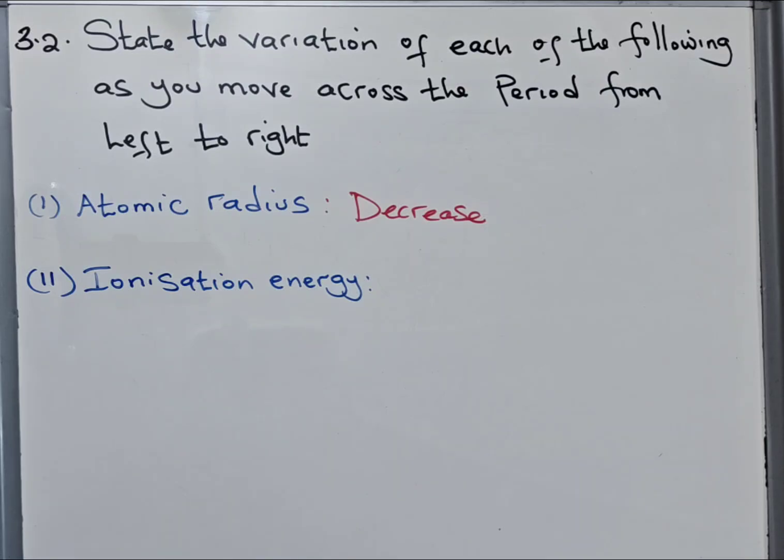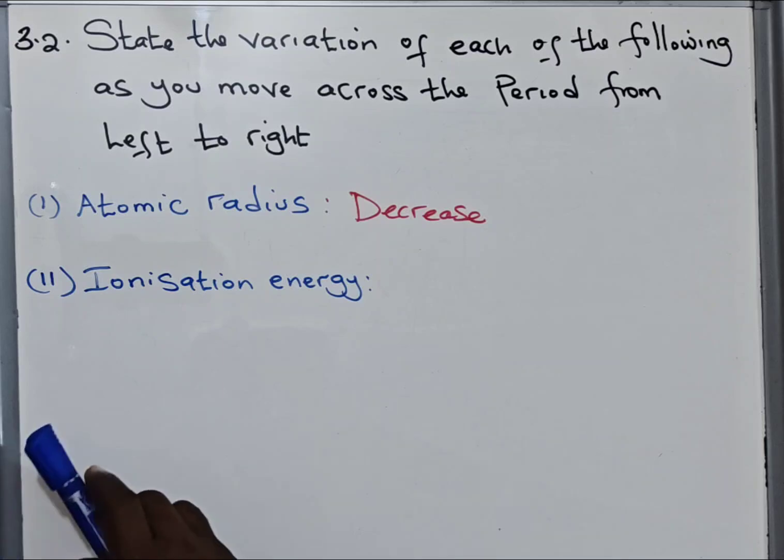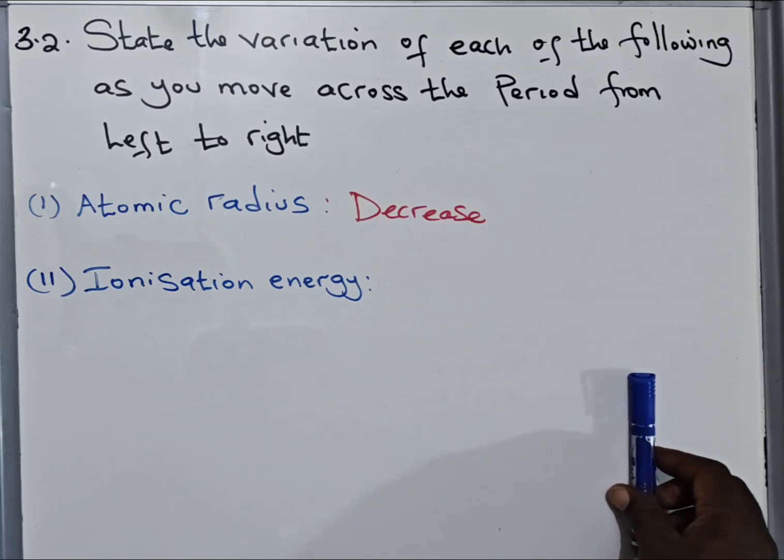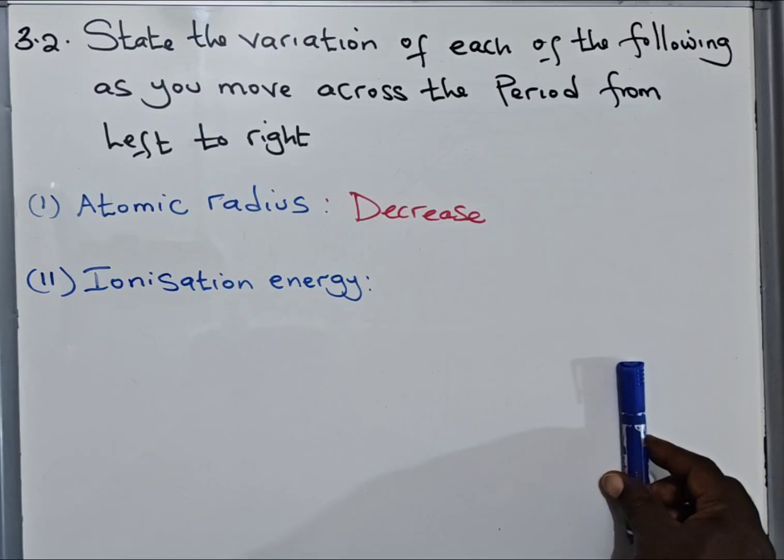The attractive force is stronger because the distance between the electron and the protons is shorter. So you require a lot of energy to pull electrons out of the atom, making the energy required higher. So as you move across the period, what happens to the ionization energy? It increases.